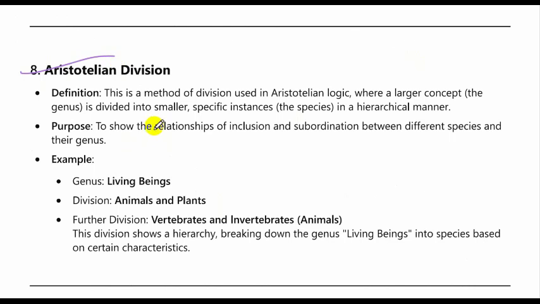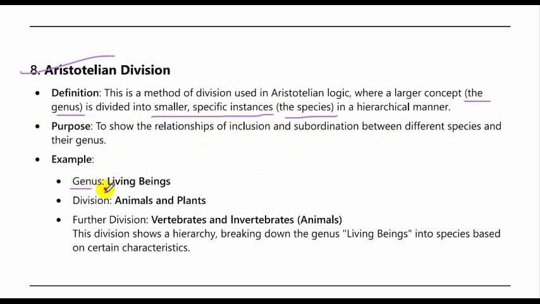Aristotelian division. This is a method of division used in Aristotelian logic where a larger concept, the genus, is divided into smaller specific instances, the species, in a hierarchical manner to show the relationships of inclusion and subordination between different species and their genus.